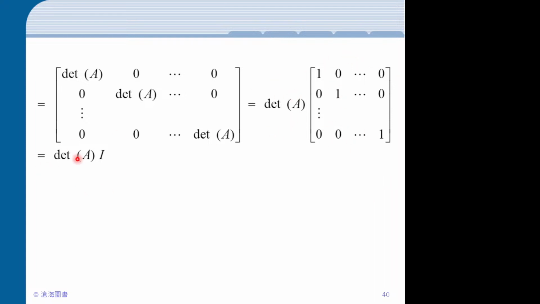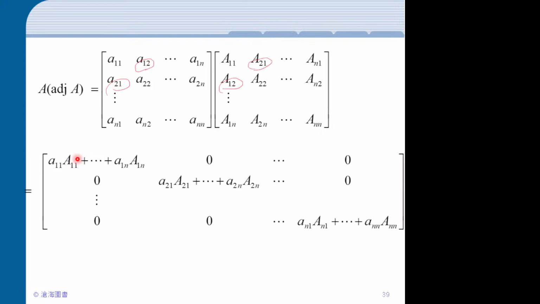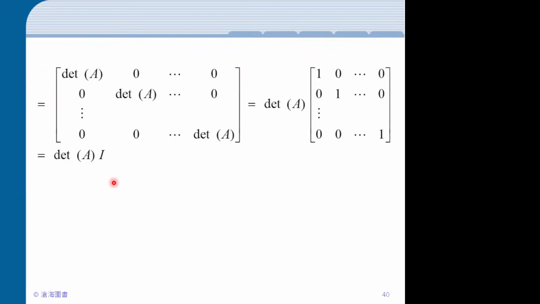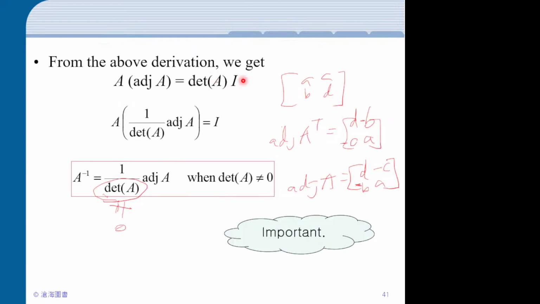So we see that this adjoint matrix is very close to A inverse, because we want something that when A is multiplied by this matrix, we get the identity. Well, instead we get the determinant times identity, so we just divide by the determinant. So A times the adjoint of A equals the determinant of A times the identity.